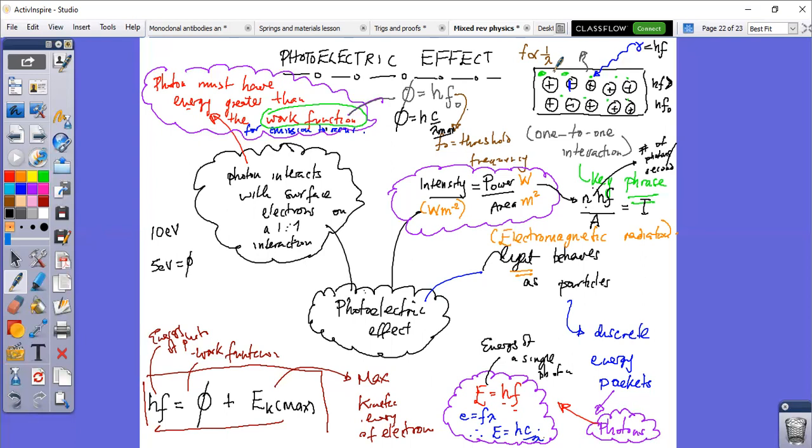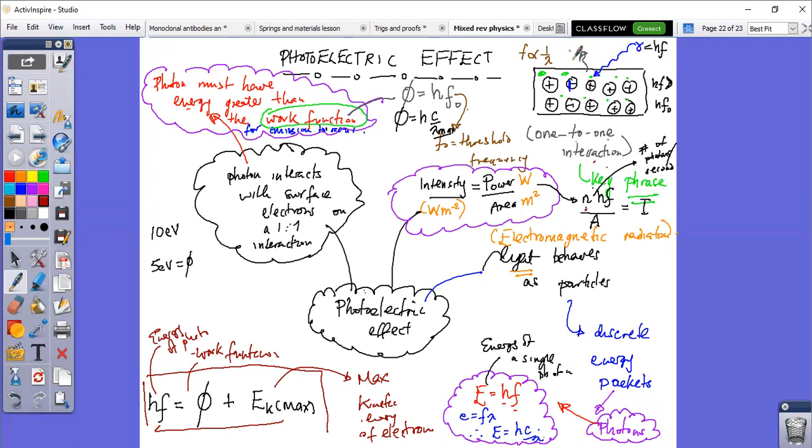Not quite. Now, the question I just posed forms a staple, as in examiners like asking that. So you want to really know how to get full marks on that one. In explaining it, you are going to state that because it is a one-to-one interaction, increasing the number of photons per second simply increases the number of interactions. So there will be more electrons emitted.